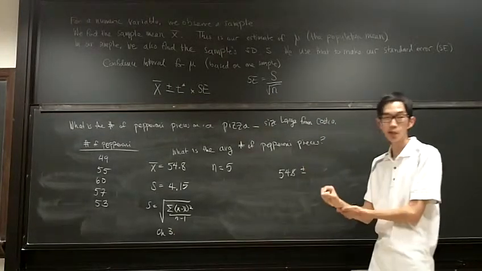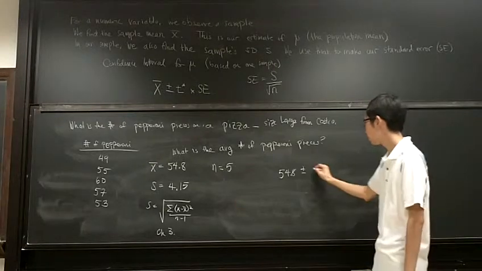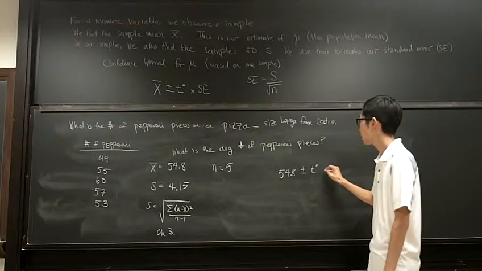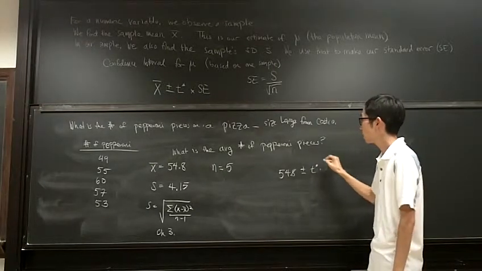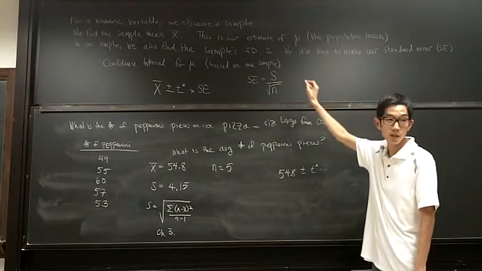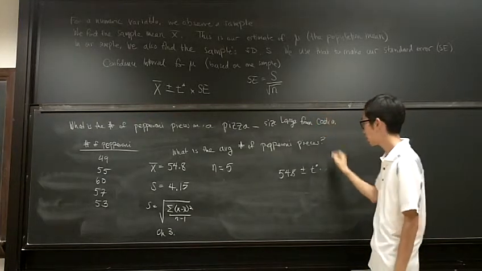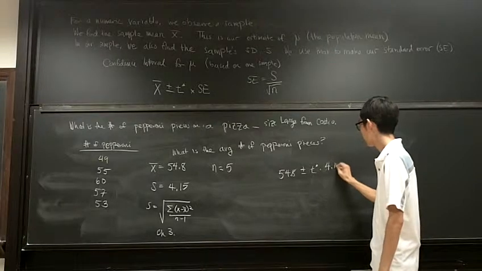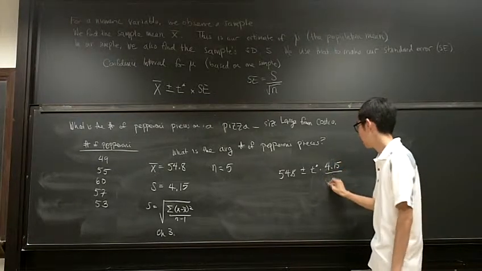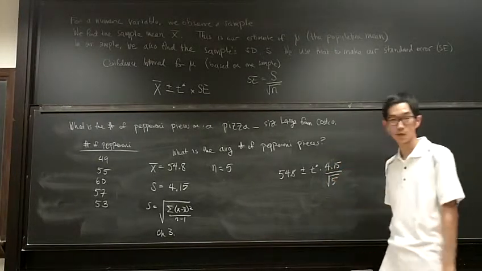And we've got to create a margin of error. The margin of error is going to be t star times our standard error, and my standard error is S over the square root of N. So my S is 4.15, and my square root of N is the square root of 5.